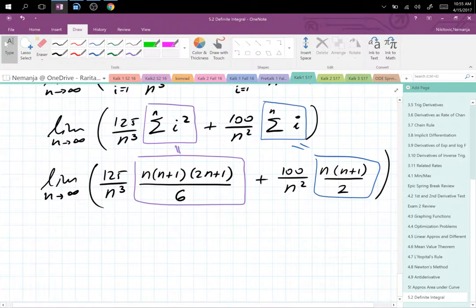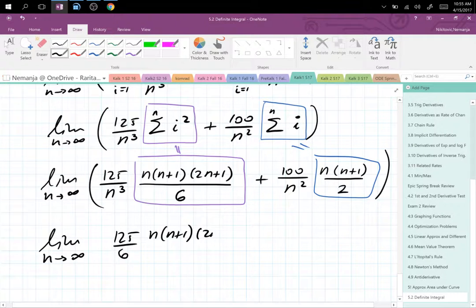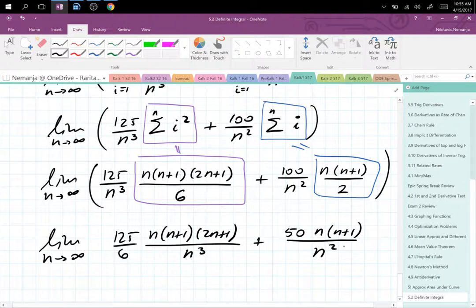Now I have the limit as n goes to infinity of 125 over 6 times n plus 1 times 2n plus 1 over n cubed, plus 50 times n plus 1 over n squared. As you can see, I don't care about foiling everything and doing the limit, because only the front coefficient of the highest exponent matters. If they're the same, take the front coefficients.